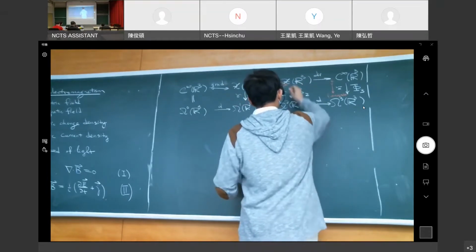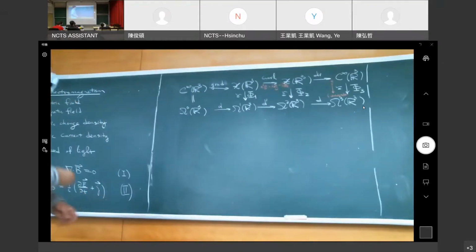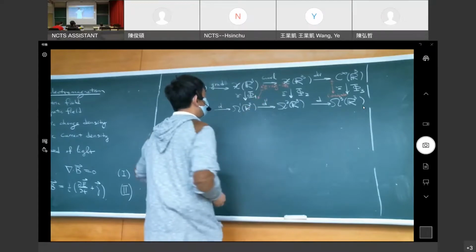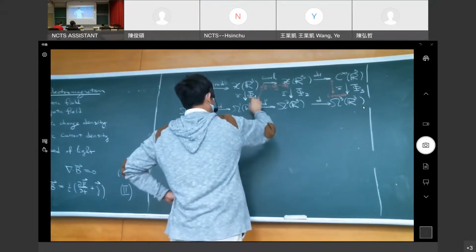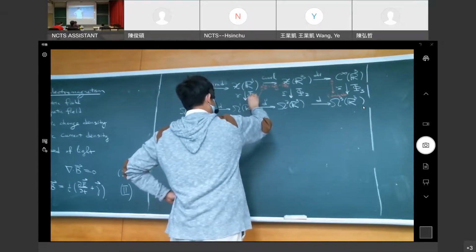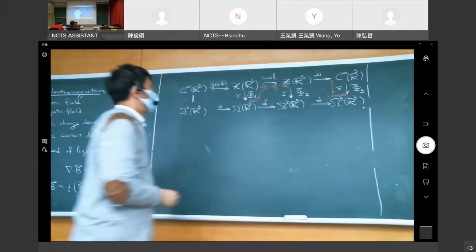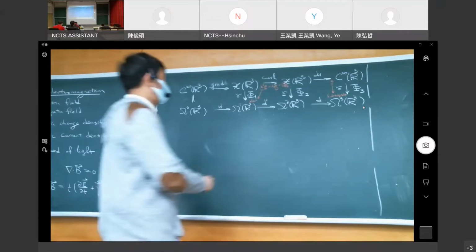We are consistent with the notations. And phi 1 is just to map this vector field into, let's say, a one-form. That is very easy: x1 dx plus x2 dy plus x3 dz. Okay, so that's the easy map.